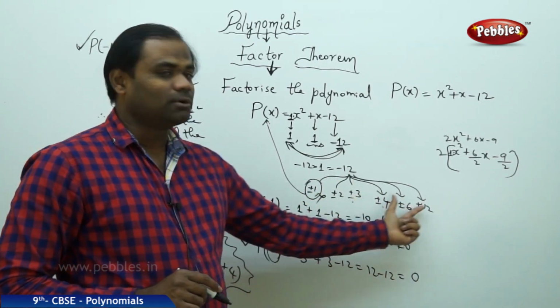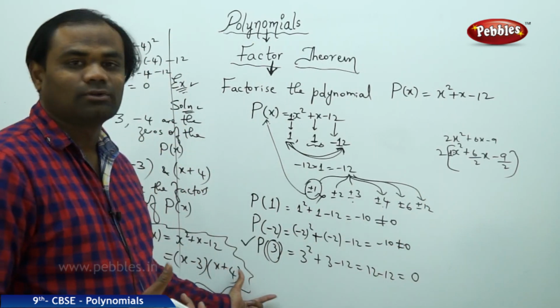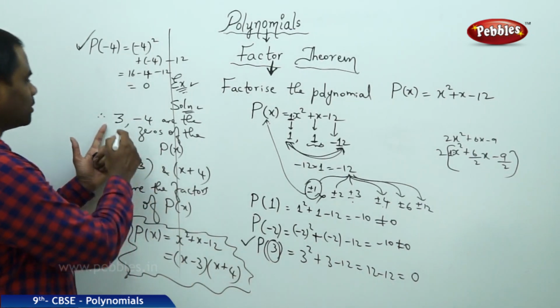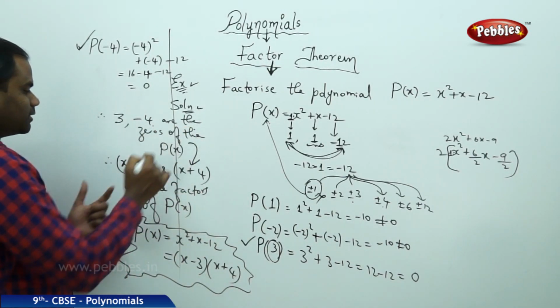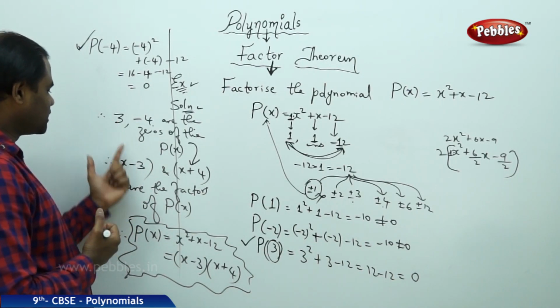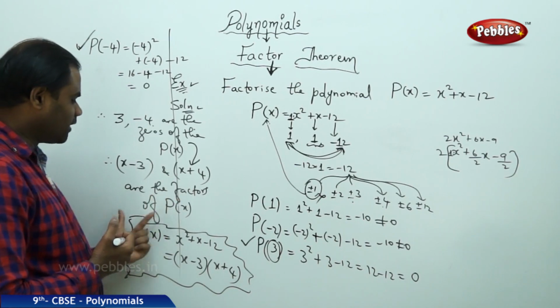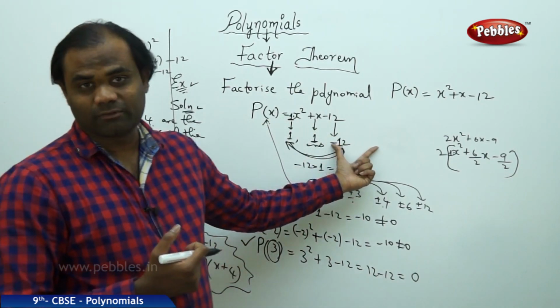For each of the possible factors, identify which are the zeros of the polynomial. Pick those zeros and use the remainder theorem. Then we get the linear factors x minus a, x minus 3 and x minus of minus 4, x plus 4, to be the factors of the given polynomial p of x.